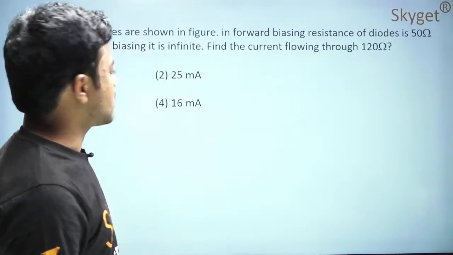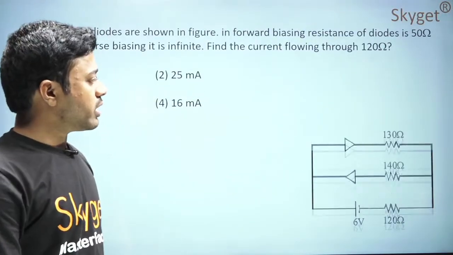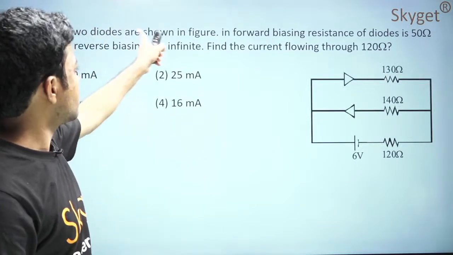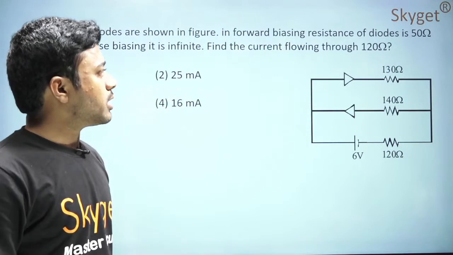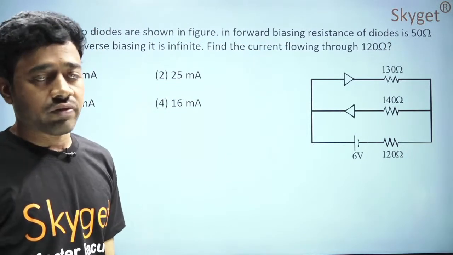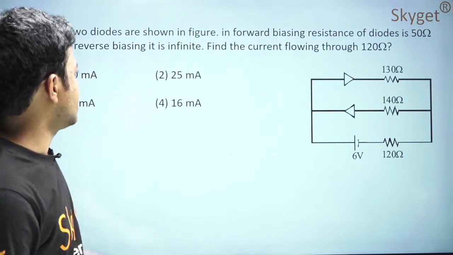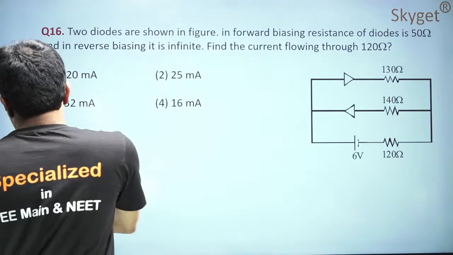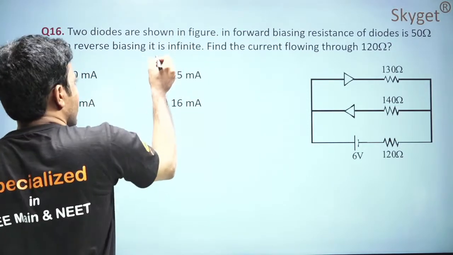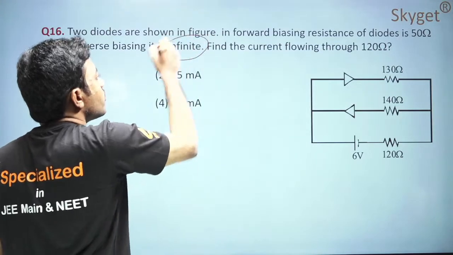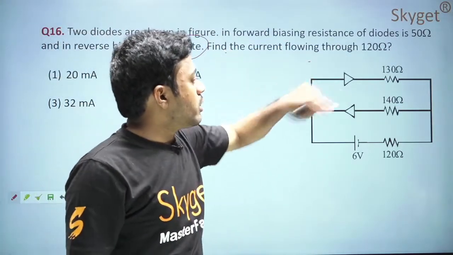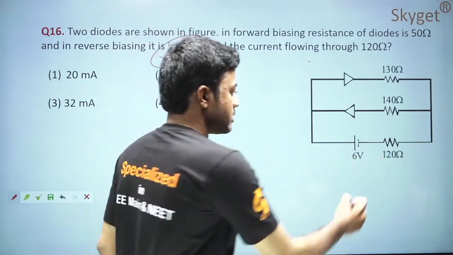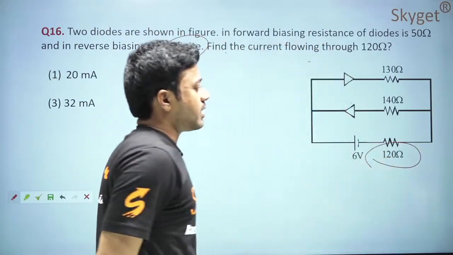So in problem number 16, see here, he has given two diodes as shown in the figure. In forward bias, the resistance of the diode is 50 ohms, and in reverse bias it is infinite. When the resistance is infinite, no current passes through it. Find the current through the 120 ohm resistance, he is asking.